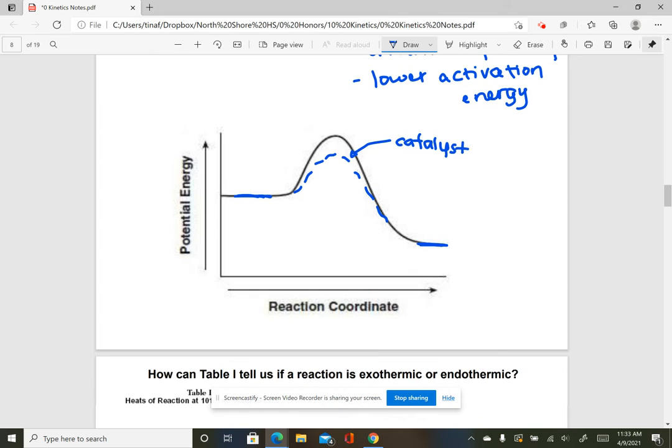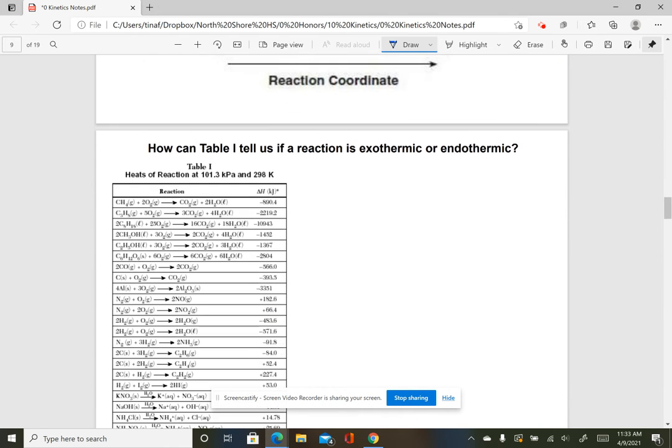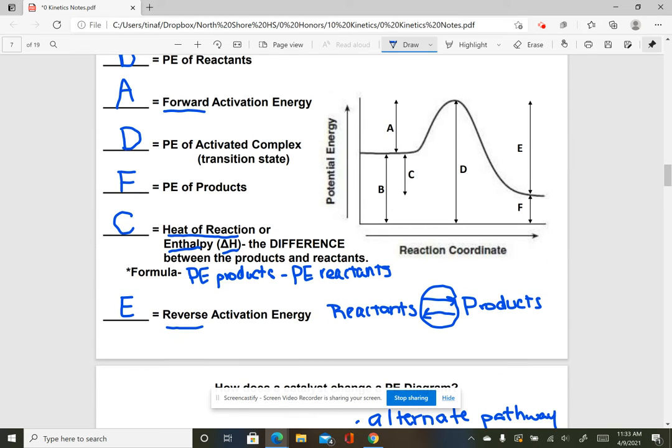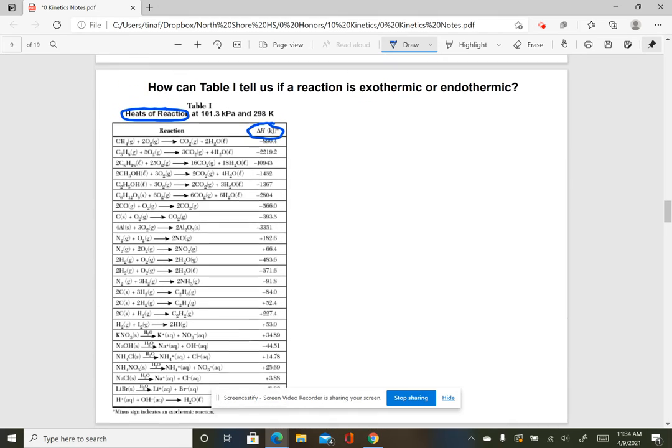All right. So, Table I is a list of a whole bunch of different chemical reactions, and it gives you the heats of reaction. It gives you the delta H's of all these reactions, which is this middle area, this C, where my products are compared to where my reactants were as far as energy goes.